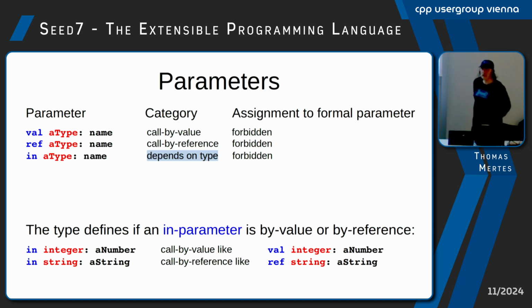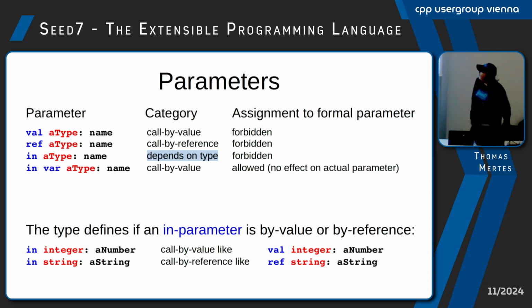So an in parameter can be by value or by reference, and it's in the type definition that, for example, integers have call by value and strings have call by reference. So small things are, of course, by value, and bigger things on the heap, like strings, are by reference. And you, as programmer, you just use an in parameter. So 95% of all parameters in Seed7 are just in parameters, and you don't care about it.